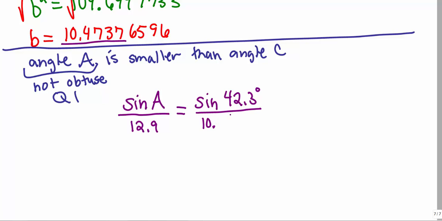At least go a few digits past what we're going to round to. So I'm going to use as many as you can there, plug them in. And now to solve for angle A, we're going to multiply both sides by 12.9.